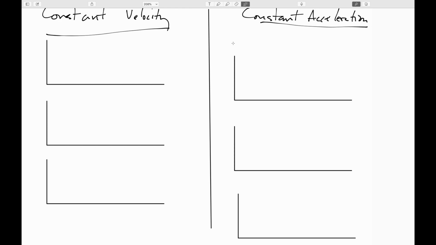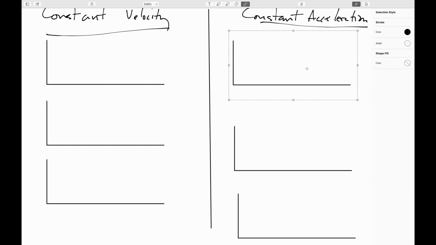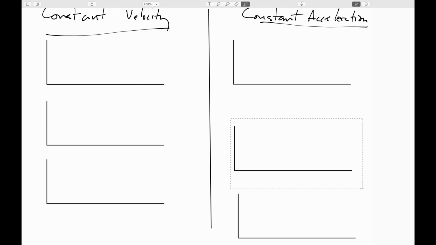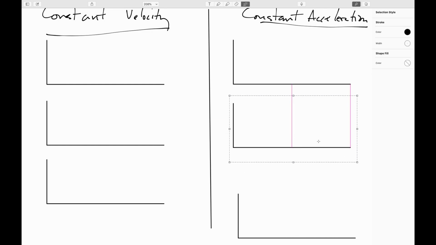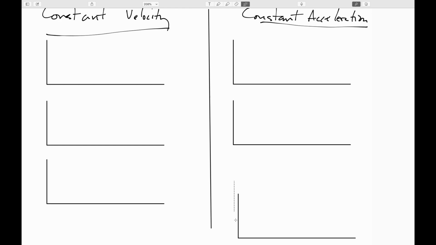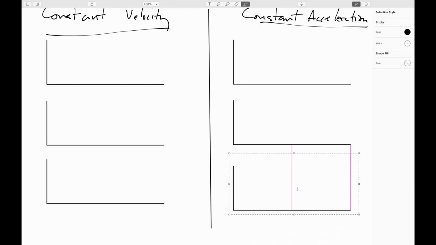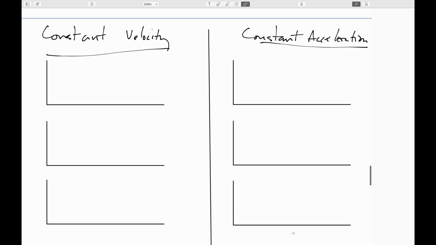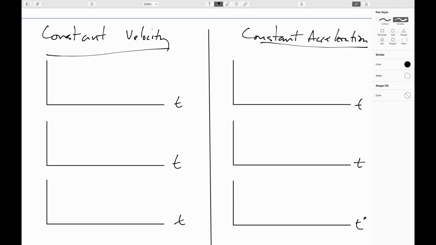There, something like that. And then let's do that again over here real quick. So for all of these, the horizontal axes are time. So let's label them T, T, T, T, T, T. And this is going to be A, V, X, A, V, X. Okay.